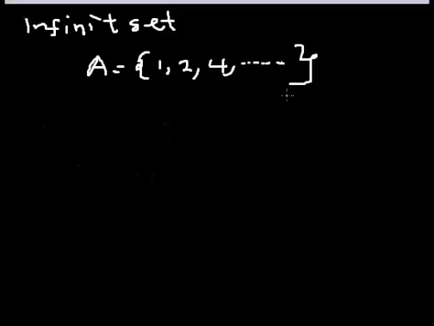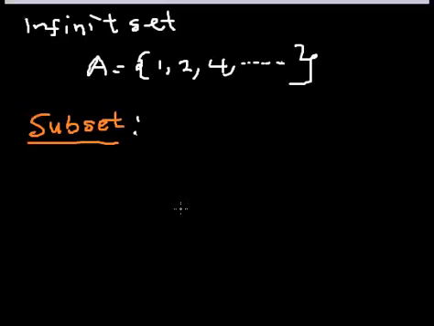The next term is a subset. As the name implies, sub of a set. Now, if I have two sets, in a situation where the elements of one set are derived from another set, they are said to be subsets.